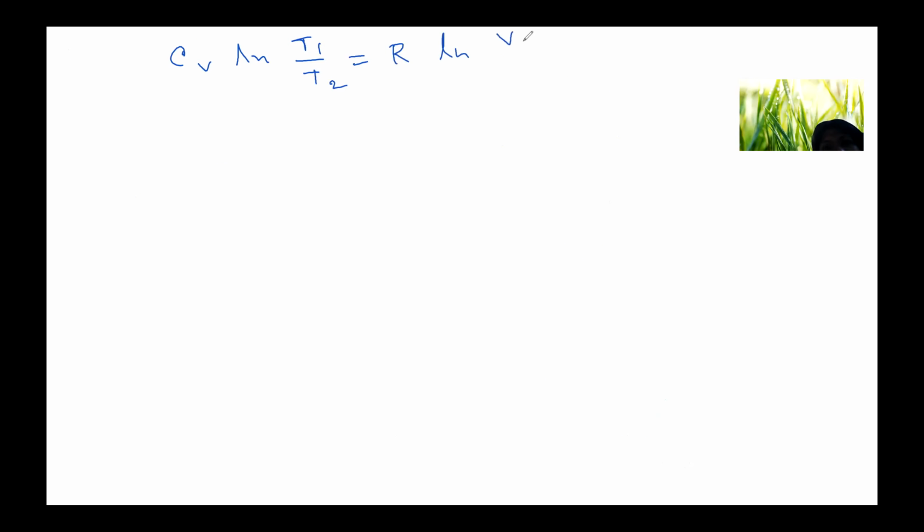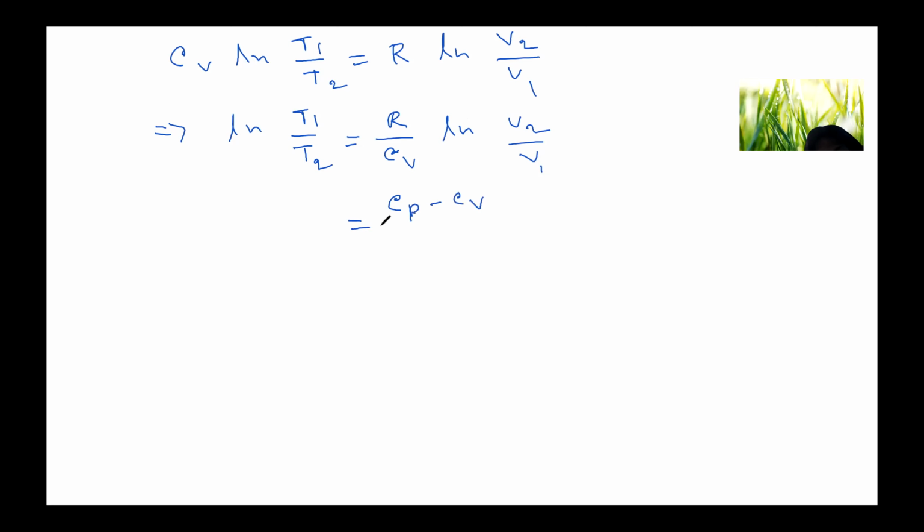Or ln T1 by T2 equals R by Cv ln V2 by V1. So what is R? We know R equals Cp minus Cv, so it is Cp minus Cv by Cv into ln V2 by V1.